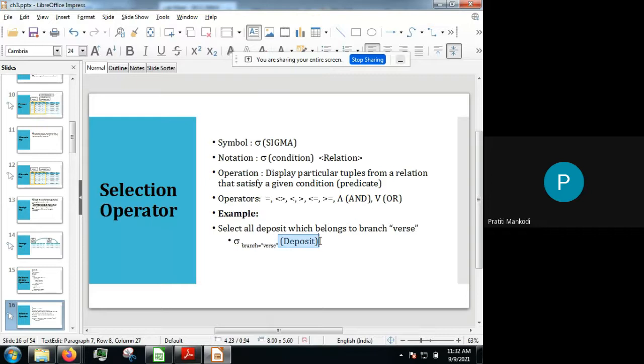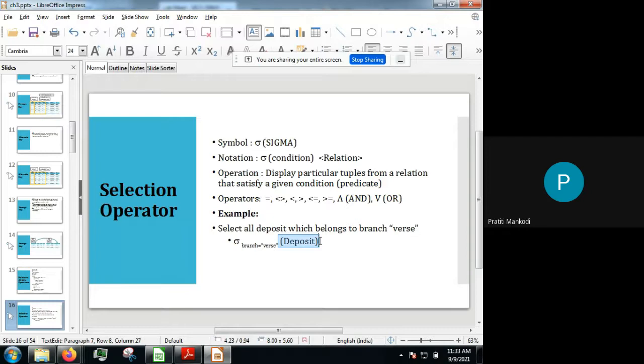operation. One thing to remember here is that your selection operation is a unary operation. Unary means it is going to take only one relation, right? We will see later on that there are some operators that take two tables as input. It is very similar to the unary operators: increment, decrement, plus and minus.